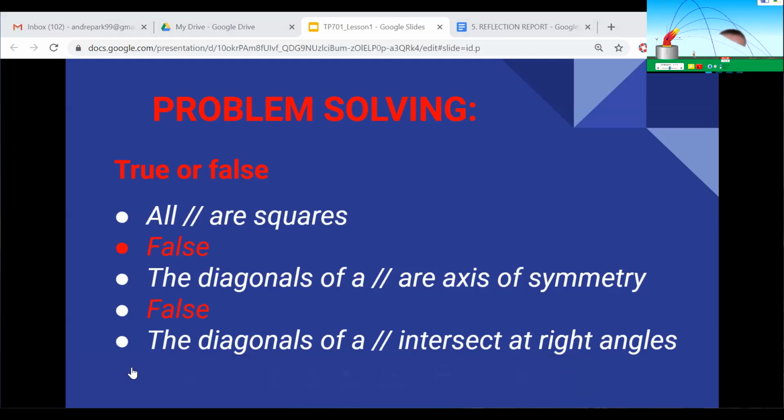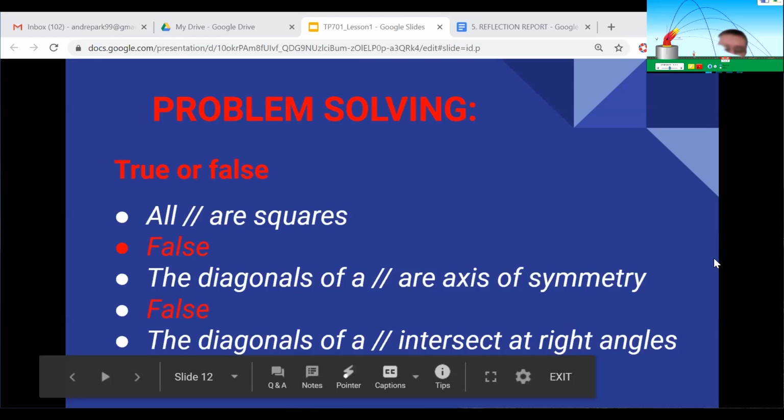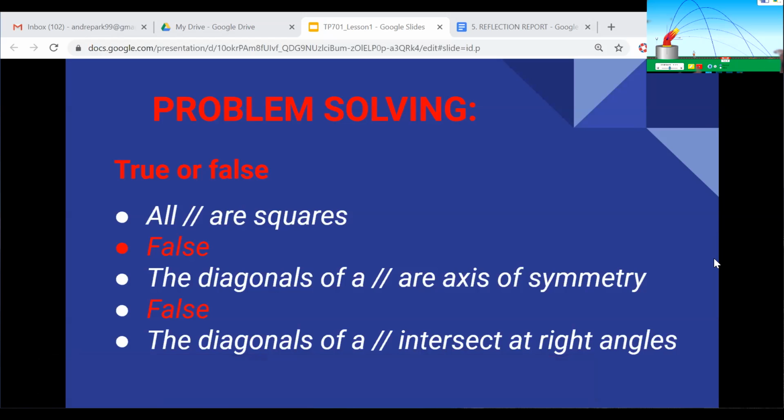So look at this one. Are all these angles right angles? This one of mine is pretty close to a square, but I think you can still see it's not a right angle, 90-degree angle. So it is false.